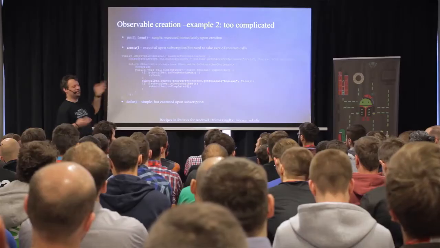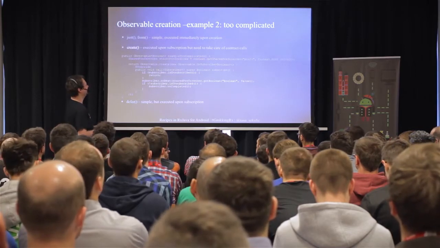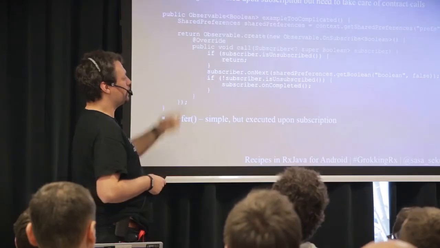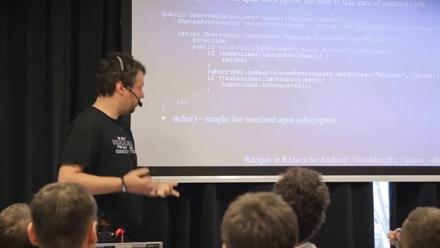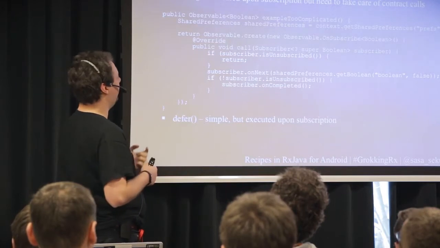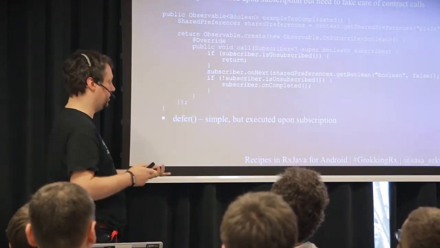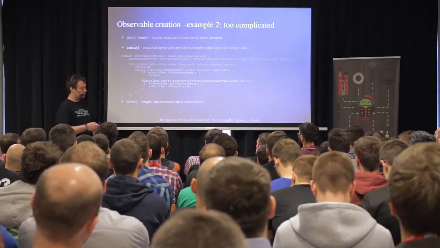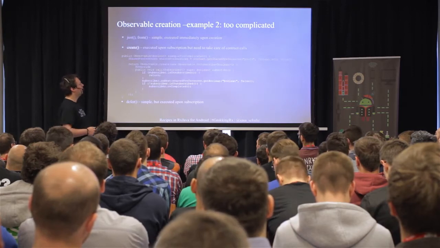First we check if the subscriber has maybe unsubscribed in the meantime, then we send the value through onNext, and then we again check if it's unsubscribed, and if it's not, we send onCompleted. This is a bit complicated, and this is actually a simplified example.